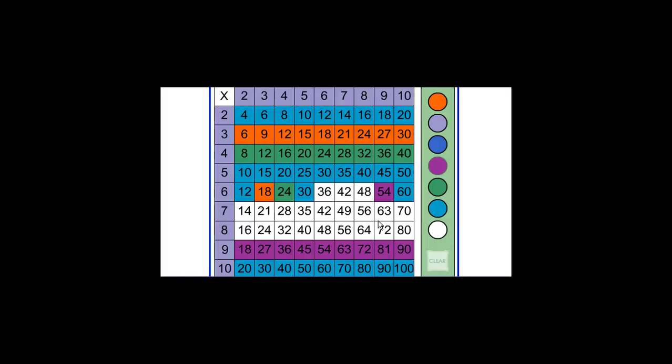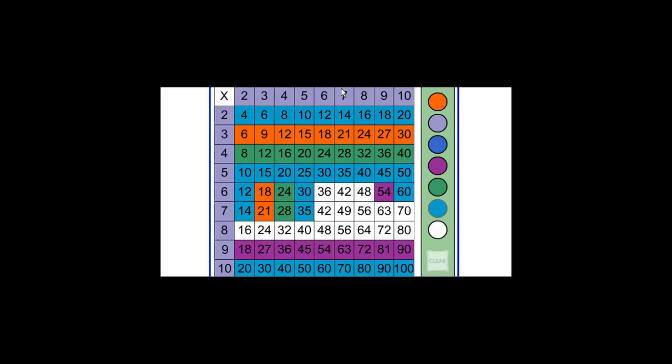Let's see what we can eliminate from the 7's. You learned that 2 times 7 equals 14, so 7 times 2 must also be 14. And you know that 3 times 7 is 21, so 7 times 3 must also be 21. And 4 times 7 is 28, so 7 times 4 is 28. 5 times 7 is 35, so 7 times 5 is also 35.